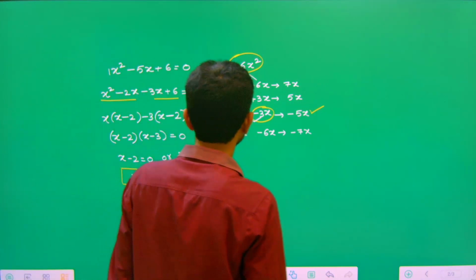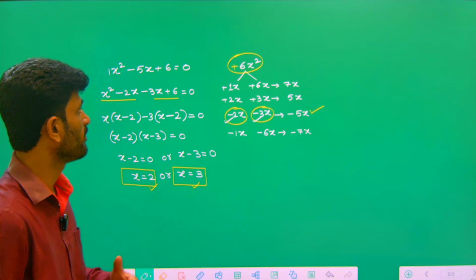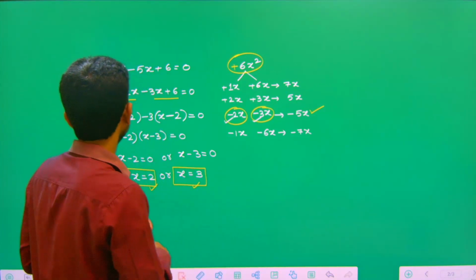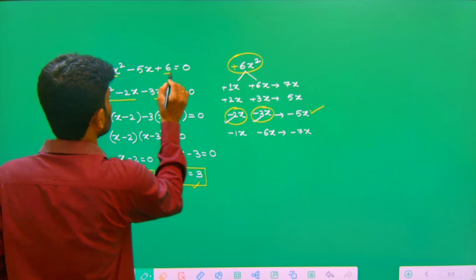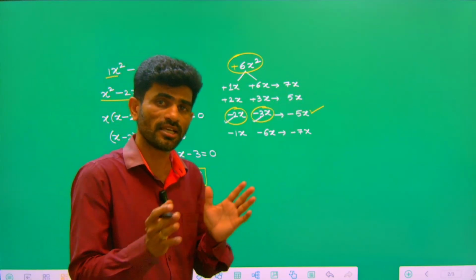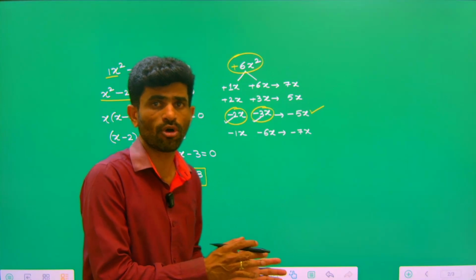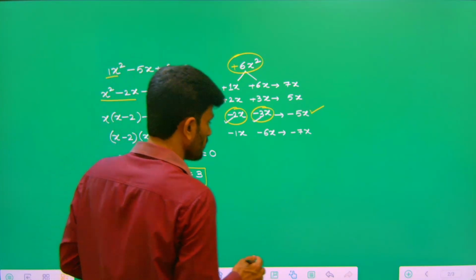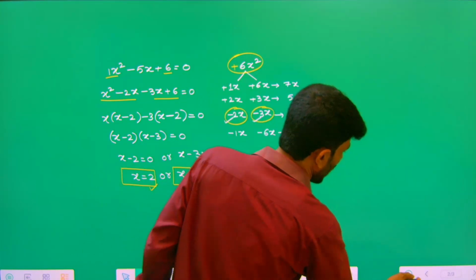Now next, one more example where product is negative. In the first two examples we have seen product is positive. Which product? When you multiply first term and last term, the product we got positive. In that case, either two factors should be positive or two factors should be negative. But in the next case, when product is negative, what happens?